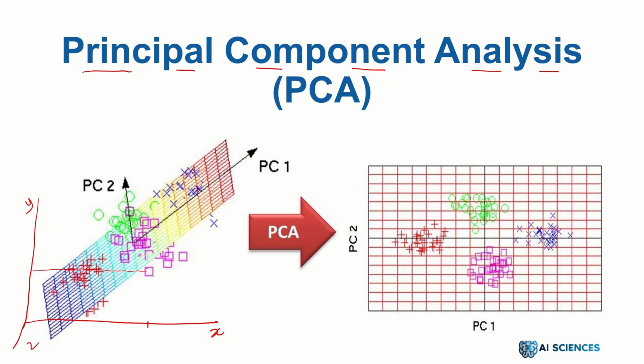And the Z coordinate is the orthogonal, or perpendicular, projection of this data point onto the Z-axis, which I cannot show on this screen. So this distance is the X coordinate, this distance is the Y coordinate, and similarly we have a Z coordinate.